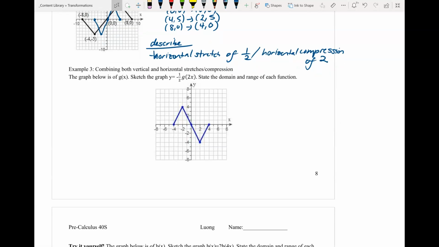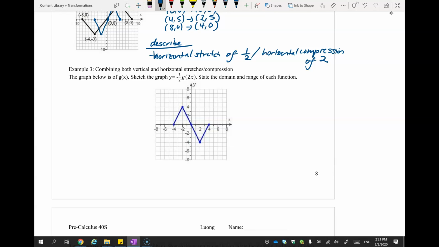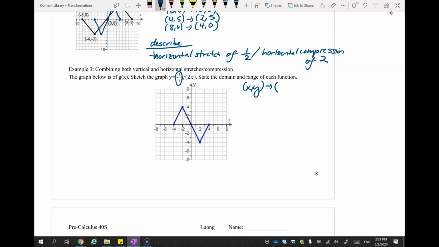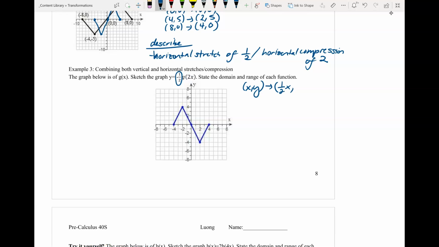Now let's do an example where we combine both types of transformations. So from our regular x, y, we have a horizontal stretch or compression and a vertical stretch or compression. So the horizontal one, we're going to look inside of the bracket, and this will become a half x.